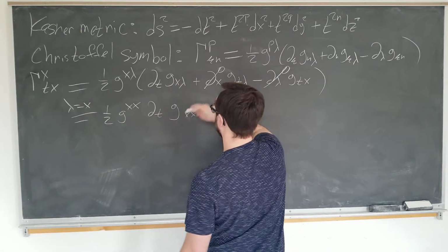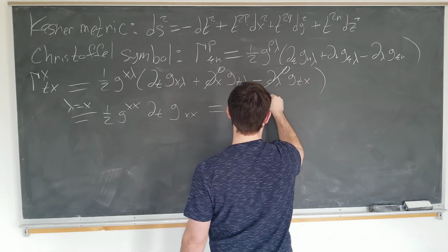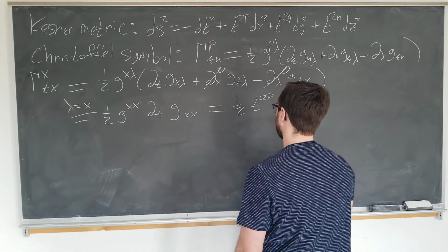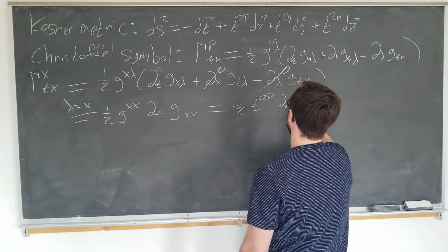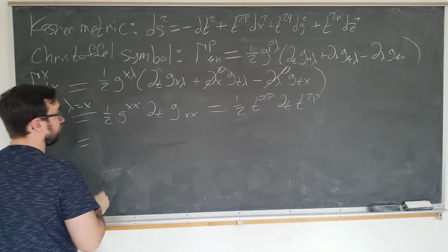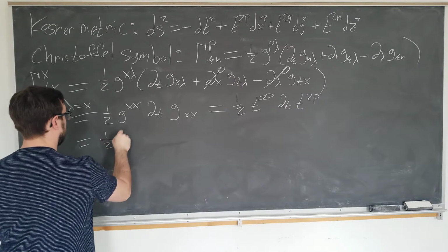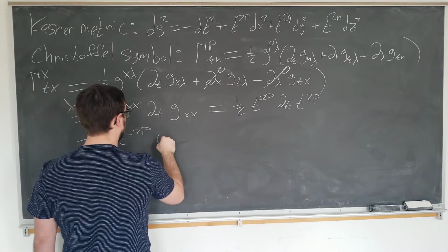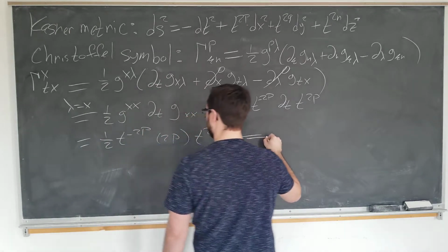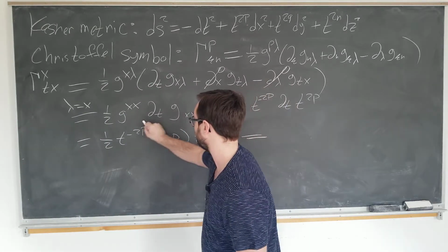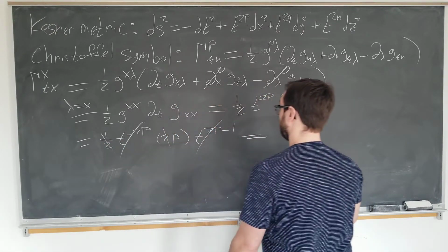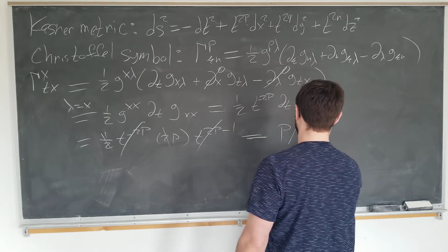We get t^{-2p}, since if we raise the indices, we take 1 over the coefficient, and the time derivative of t^{2p}, which gives 1/2 t^{-2p} times 2p t^{2p-1}. These cancel, we get an extra factor of 1/t, and the 2's cancel. So we just have p over t.